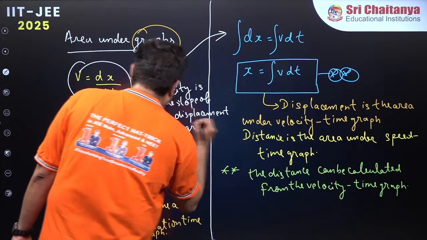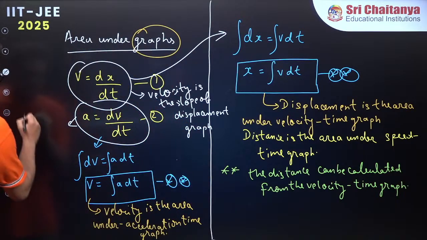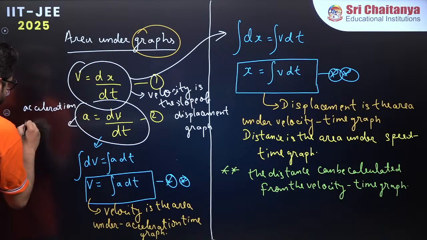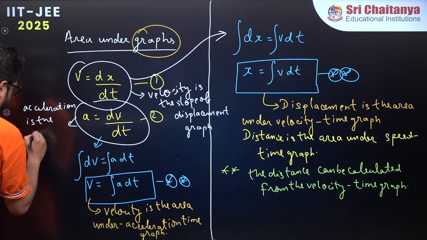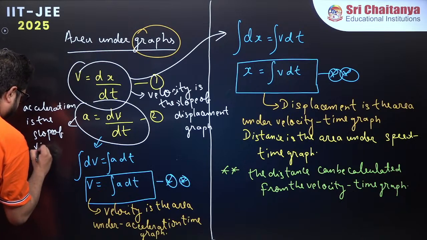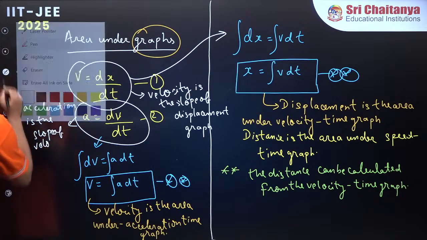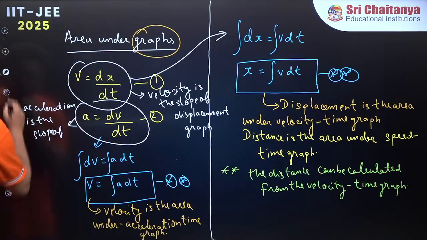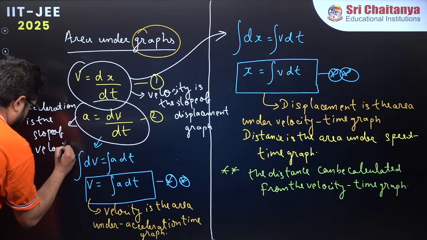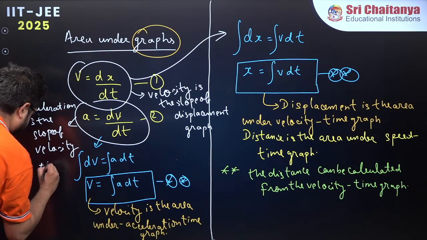And similarly, acceleration is the slope of the velocity time graph.